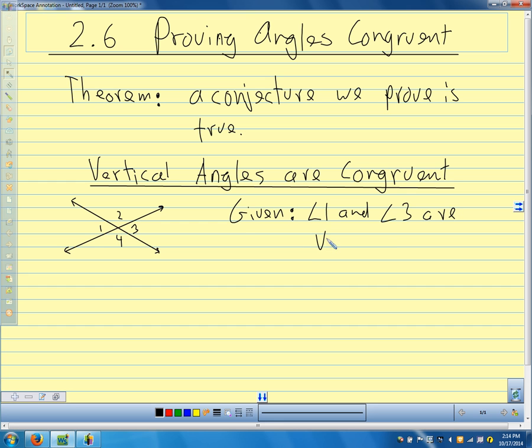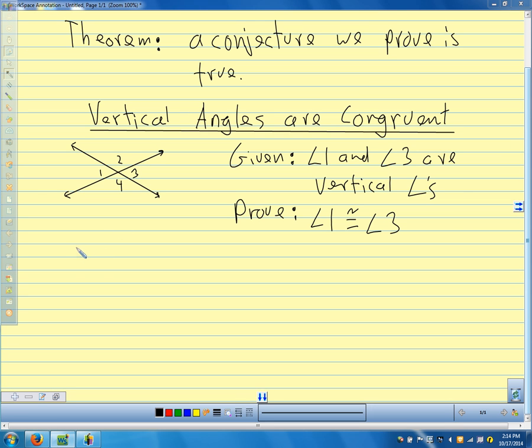We're going to say they are vertical angles, and we want to prove that angle 1 is congruent to angle 3. So let's go through it. We'll do a 2-column proof. I'll put my statements over here and my reasons over here in this column.